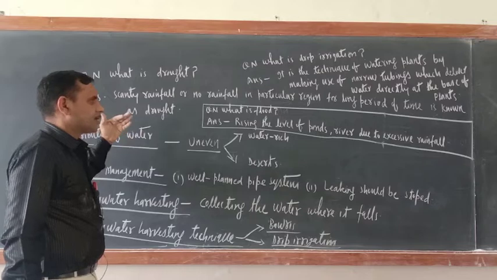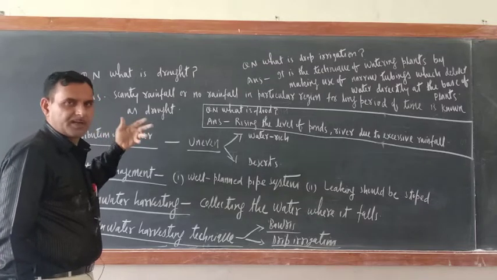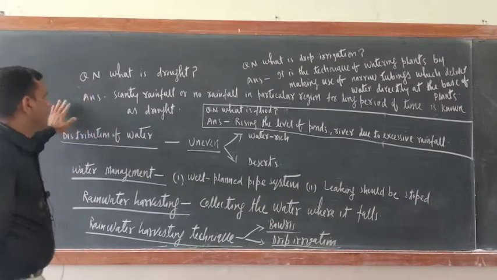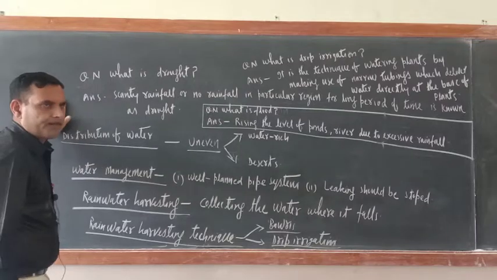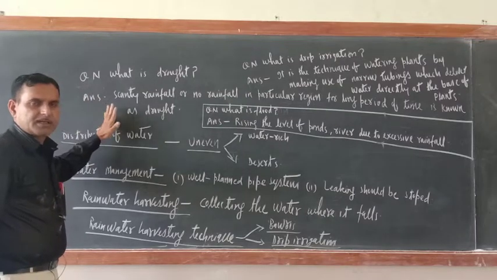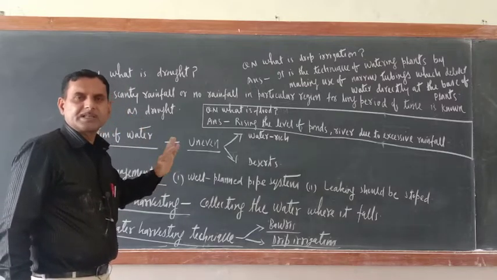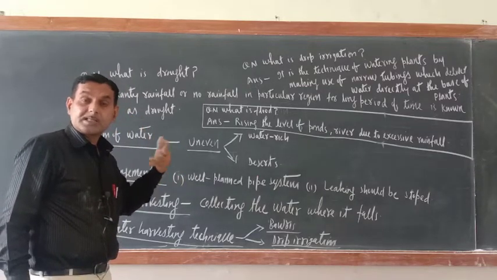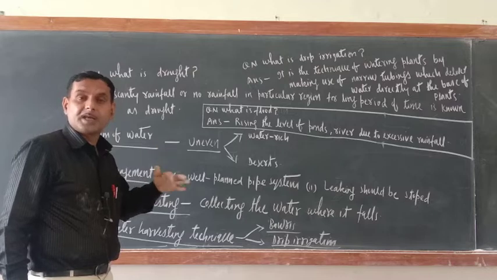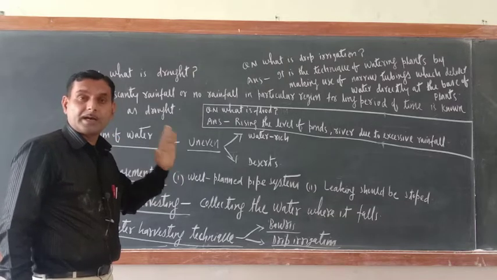Now, this is the time to move on further. Try to understand. India is a very vast country. In some places heavy rainfall is there. In some places for so many years there is no rainfall at all.